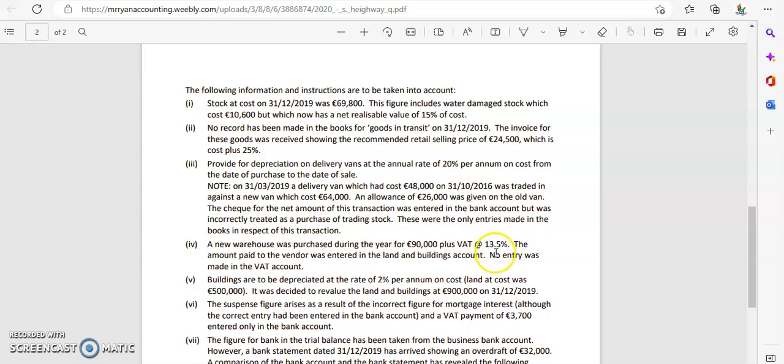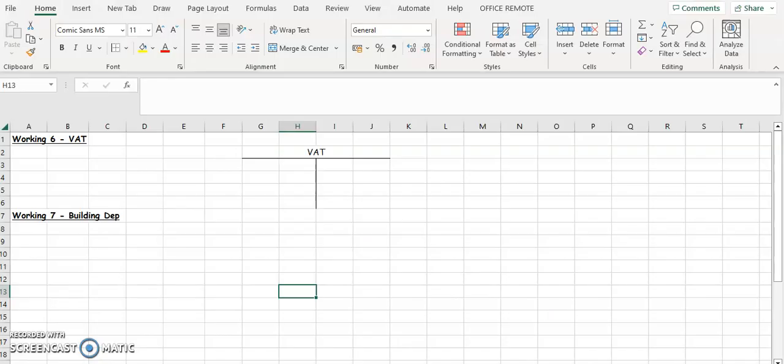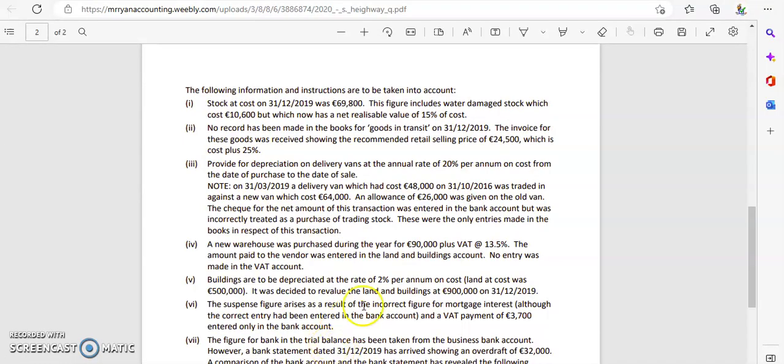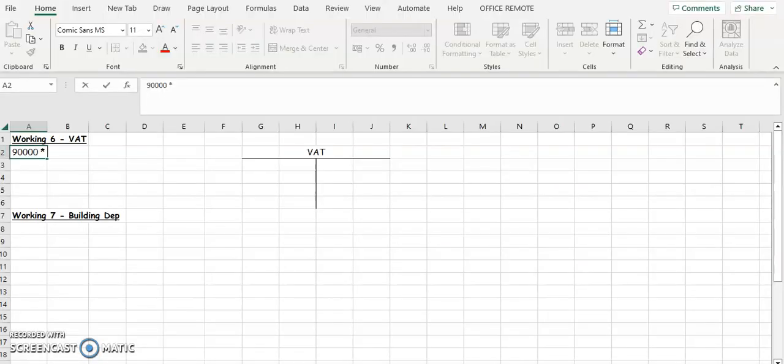So we're going to get 13.5% of the 90,000. That's going to give you your VAT. We're going to take that away from our land and buildings and we're going to put it into our VAT account. So your working is going to look something like this. We have our VAT, which is 90,000, and we're multiplying that by the VAT rate in the question, which is 13.5%.